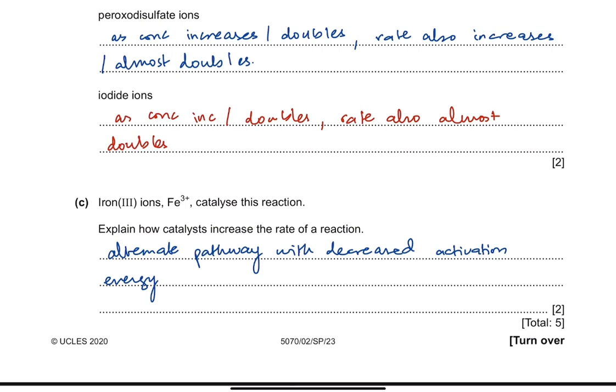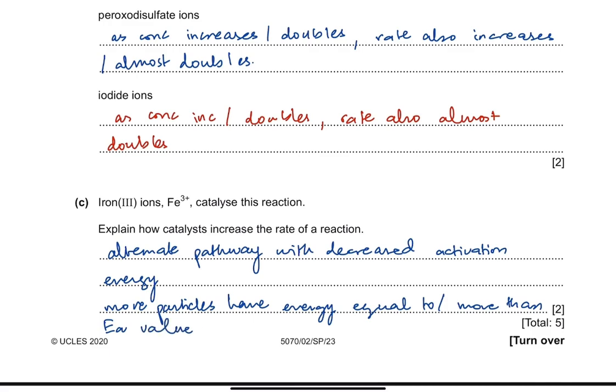And since the activation energy is lower now, more particles qualify for this reaction, which means more particles have energy which is equal to or more than the activation energy value.